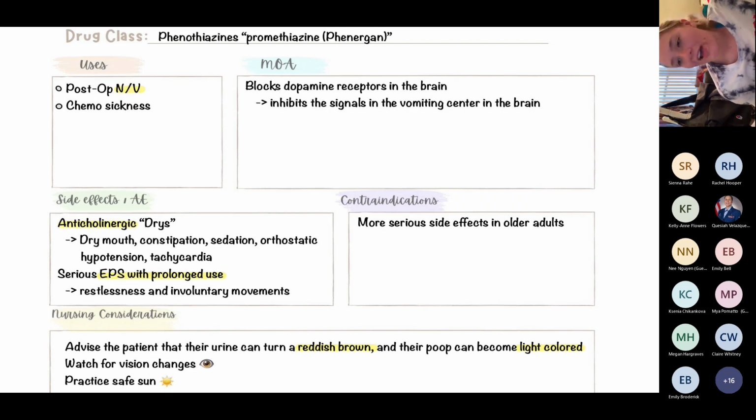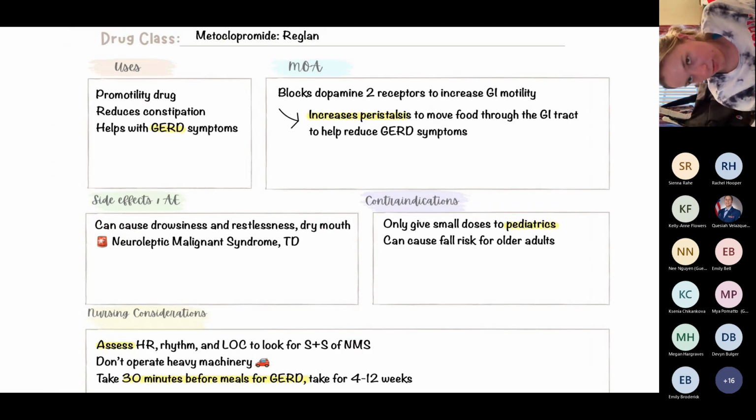If your patient just starts to have any abnormal movements, usually you'll start seeing them in the face, abnormal twitching, sucking on their lips, smacking their tongue, things like that. Just know that they might need to be switched to another medication. Additionally, it can alter the color of your excretions, okay? So really watching for those things.